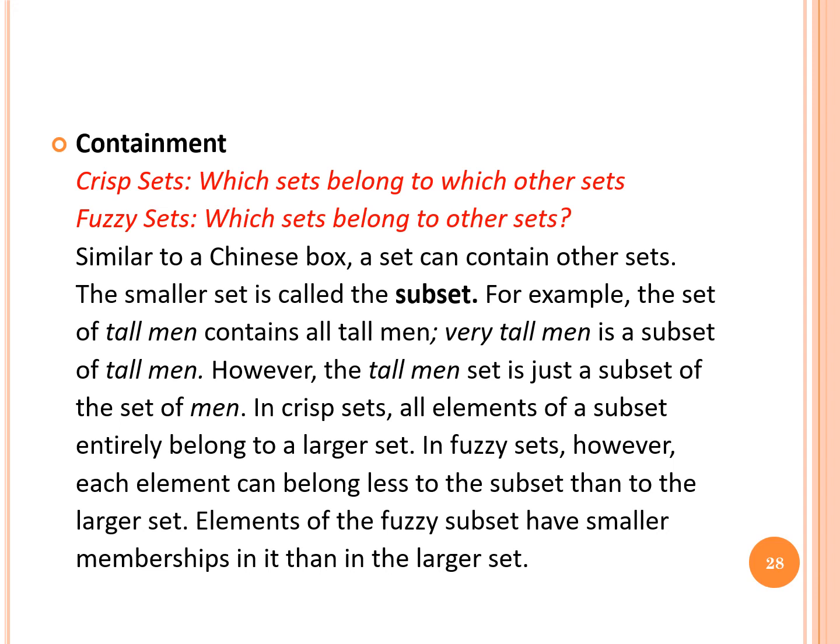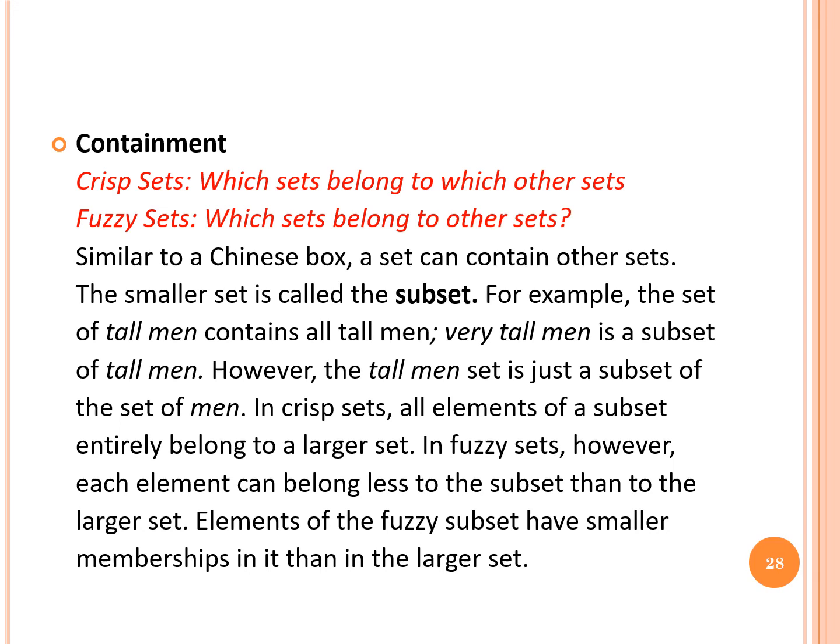Similar to a Chinese box, a set can contain other sets. The smallest set is called a subset.